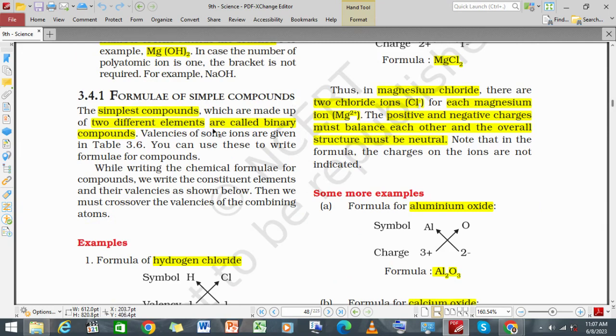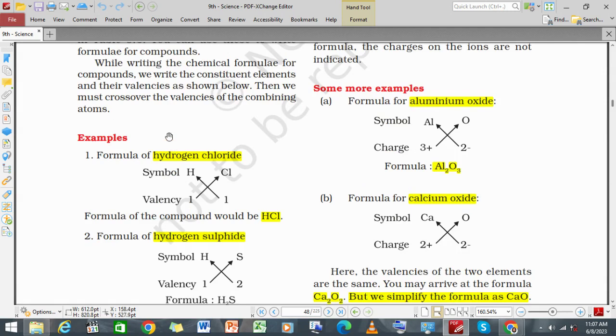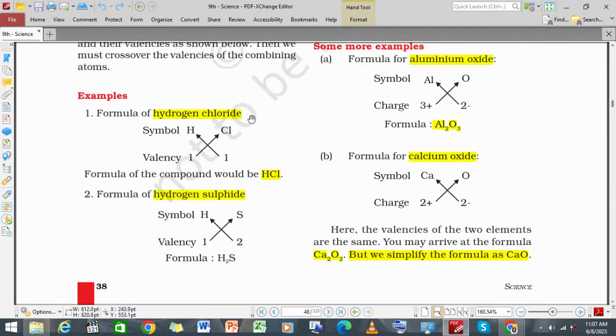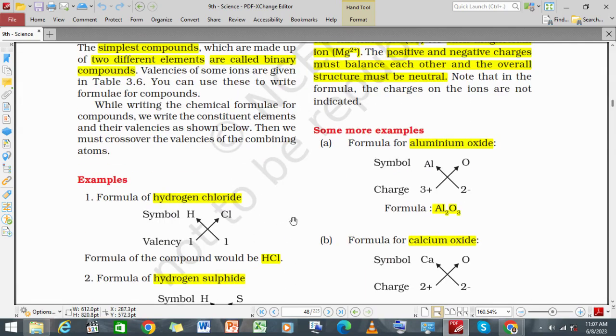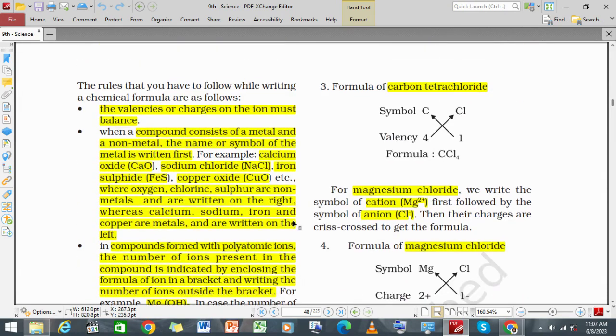The simplest compounds, with two different elements, are known as binary compounds. Binary means two, like hydrogen chloride, hydrogen sulfide: HCl, H2S. Two elements are there, so they are binary.